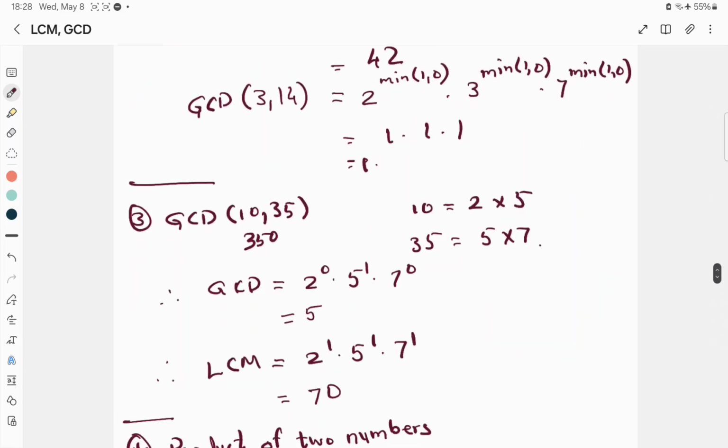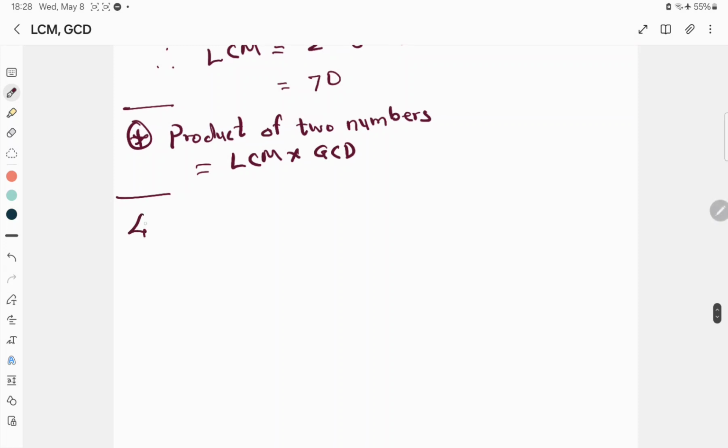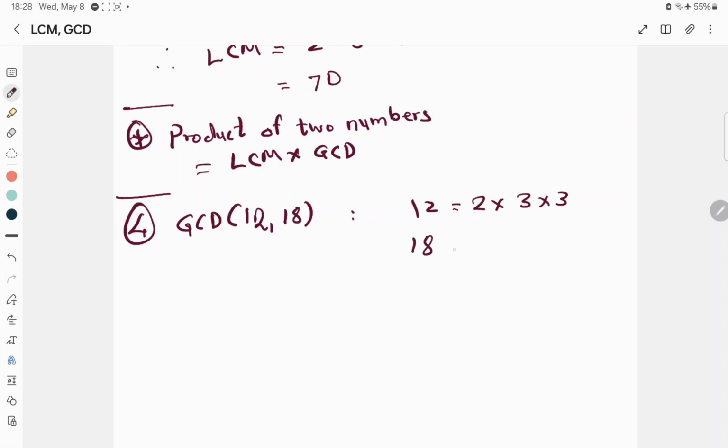So the fourth one is 12 and 18. Let's go through the steps here. GCD of 12 and 18. So again, the 12 prime factorization is 2 times 2 times 3. 18 is 2 times 3 times 3.